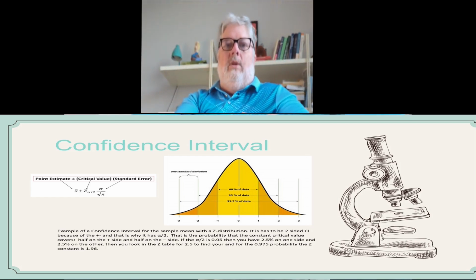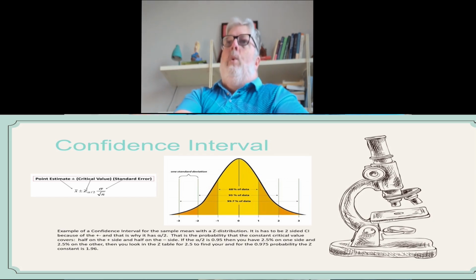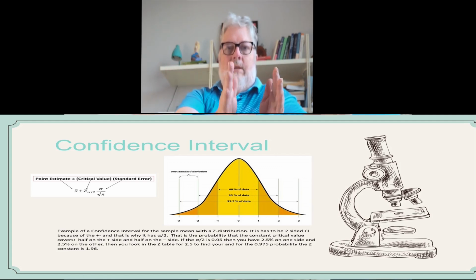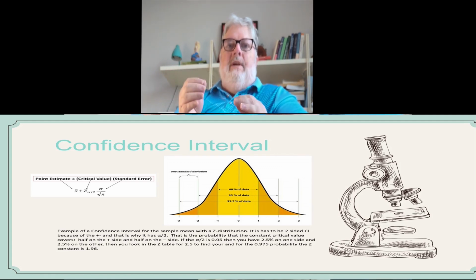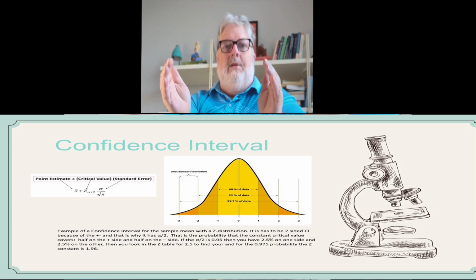So for the normal, if you want to show 95%, the range that has 95% of your measurements in it, you're going to take your mean, which is the middle, and then you're going to subtract and add to get the range, to get the outside range numbers.